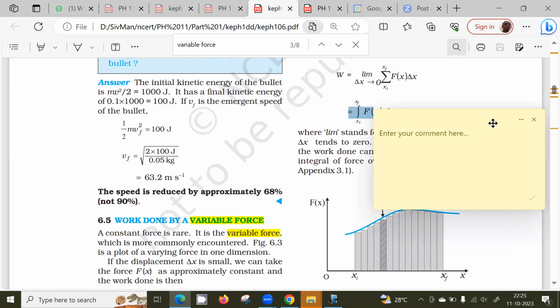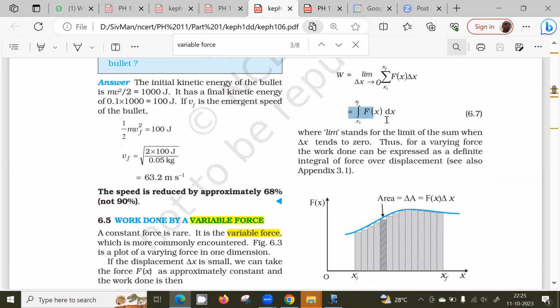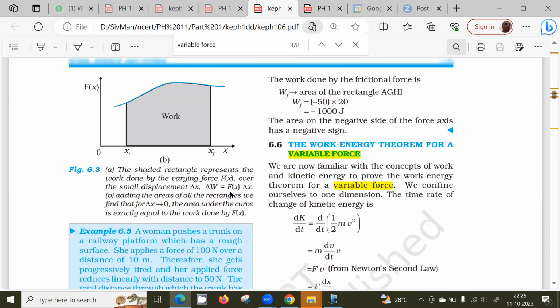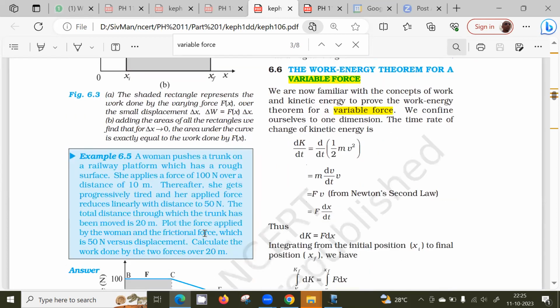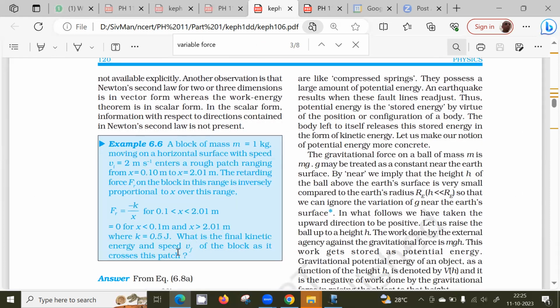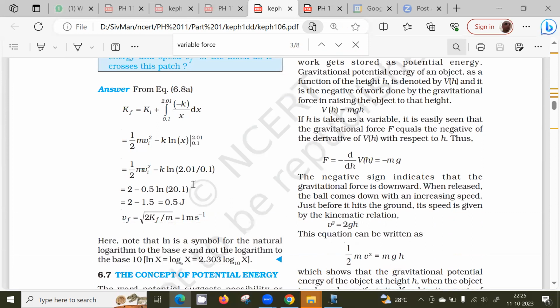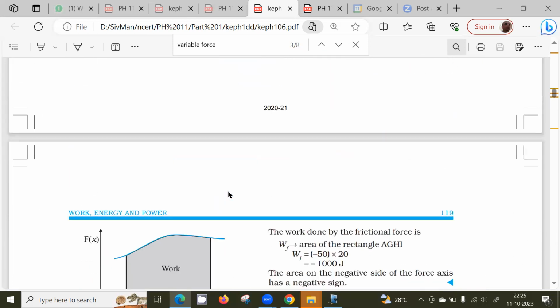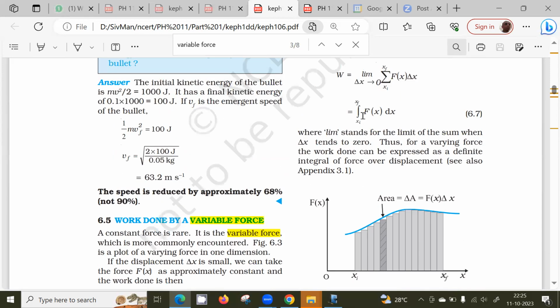So the work done is the integral of F dx. The function F of x will be given, and once that function is known, I can find the value of the work done by using the integration formula.